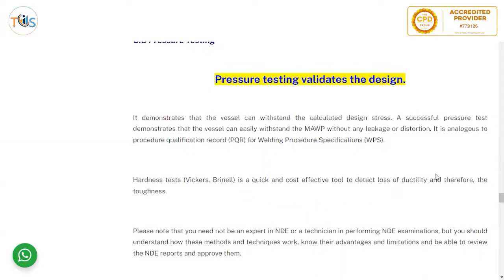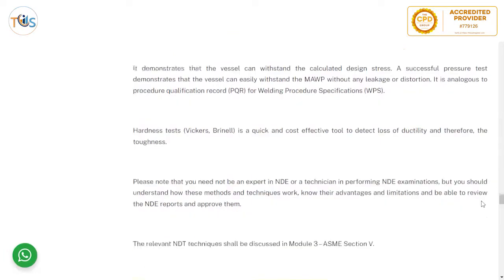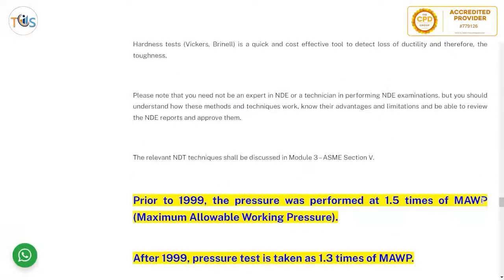Hardness test, Brinell, is a quick and cost-effective tool to detect loss of ductility and therefore the toughness. Indirectly, I mean, if the hardness is more, you have an idea that toughness actually is reduced because the ductility is reduced.